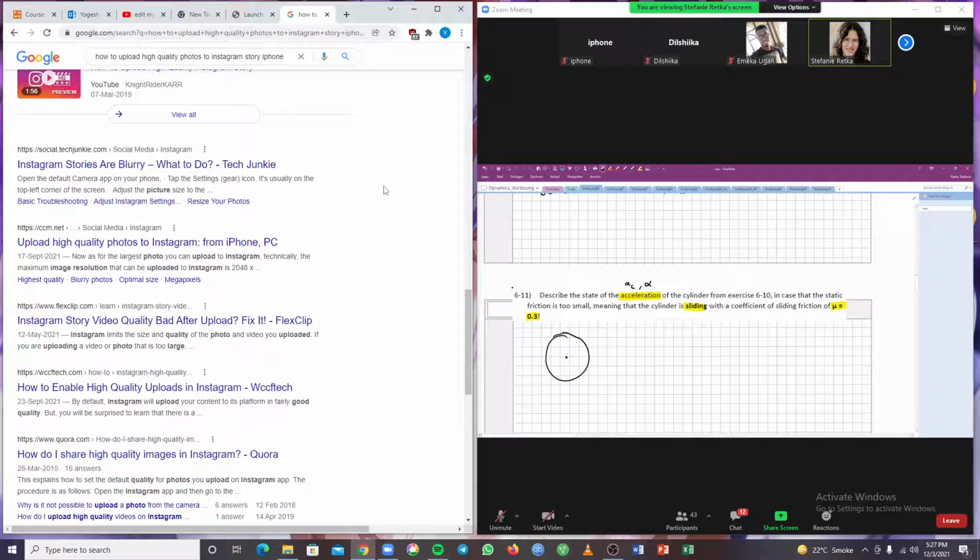In case of sliding, the velocity due to rotation would be greater than the velocity due to translation, since the sliding is caused by the momentum. So we assume that R omega is greater than v_C.